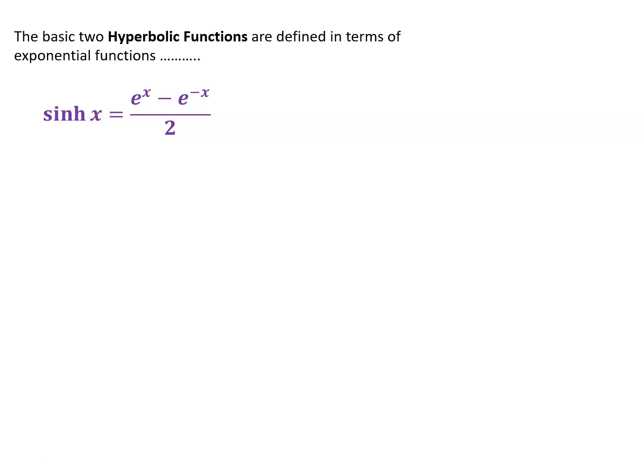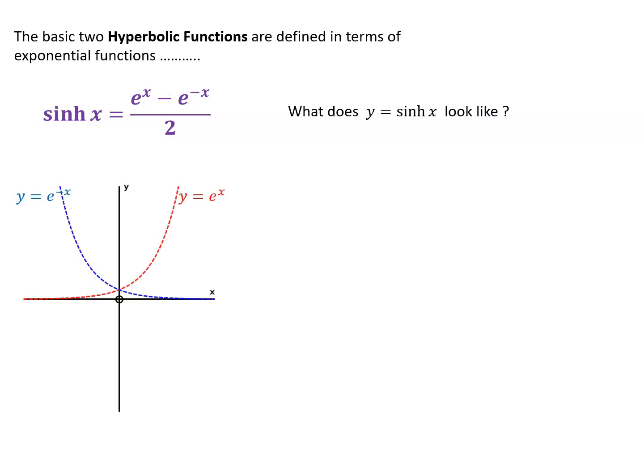Now again, you can think about the graph of y equals sinh x by starting off thinking about the graphs of e to the minus x and e to the x. Now just take a moment or two to have a think about these two graphs and try and sketch on a piece of paper what you think the graph of y equals sinh x will look like.